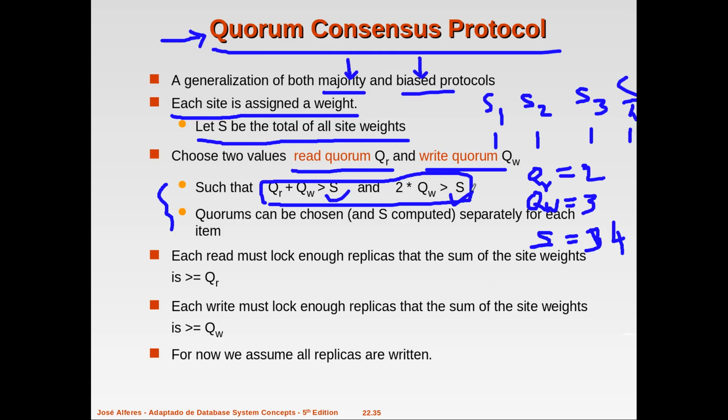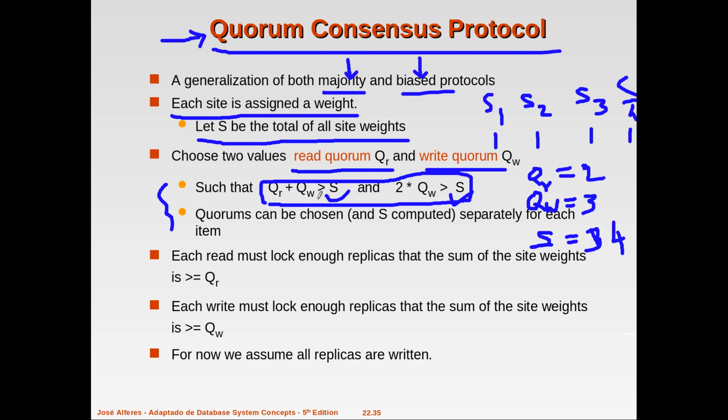So we can choose any values for QR and QW, but they must satisfy these two conditions: QR plus QW must be greater than S, and 2 into QW must be greater than S. What is the meaning of these two conditions?